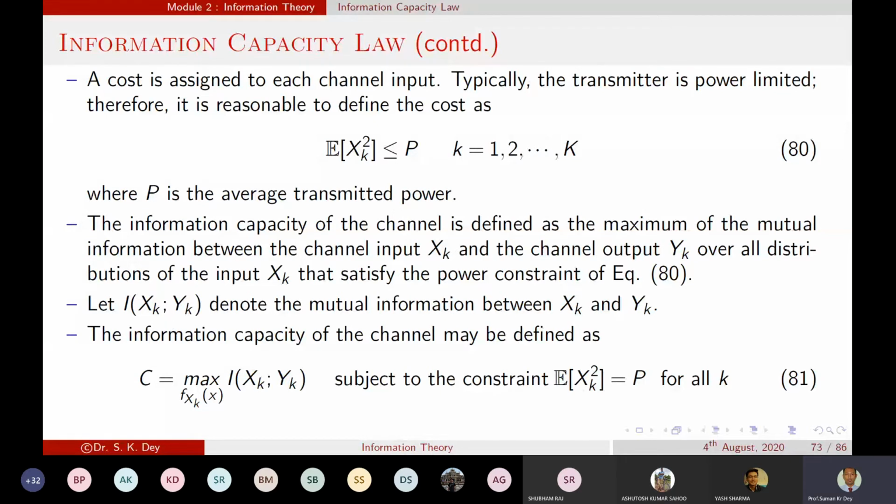Then the information capacity of the channel may be written like this. When we discussed channel capacity, we saw that expression. We take channel capacity equal to the max of the mutual information, and the constraint is that this term is equal to P for all k. Is that clear?